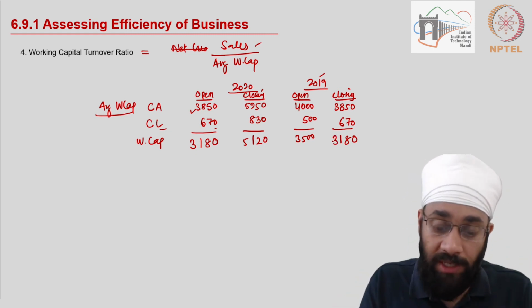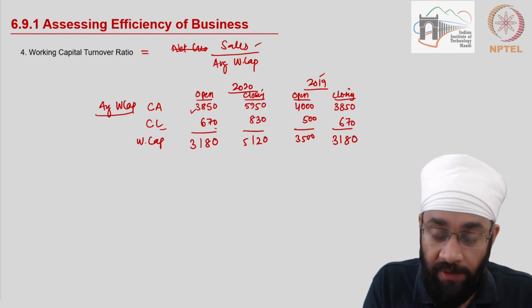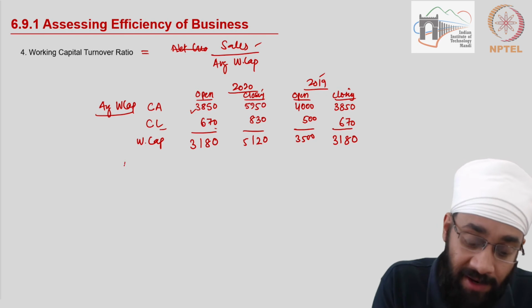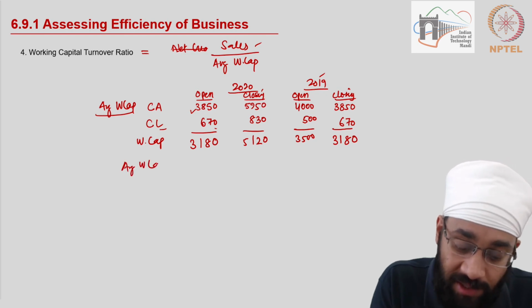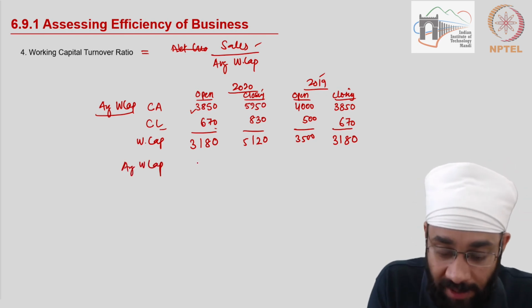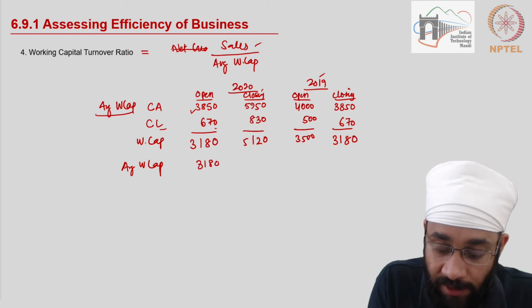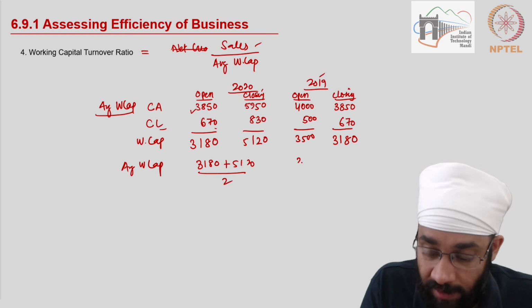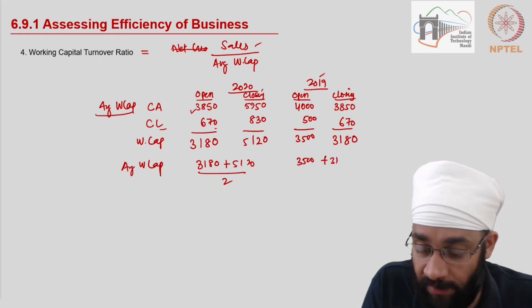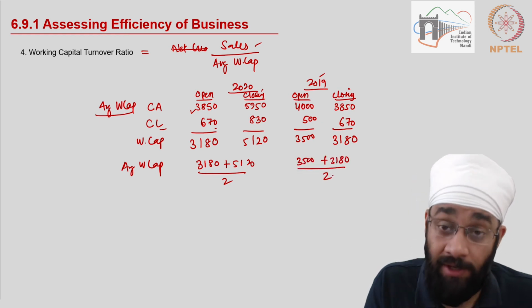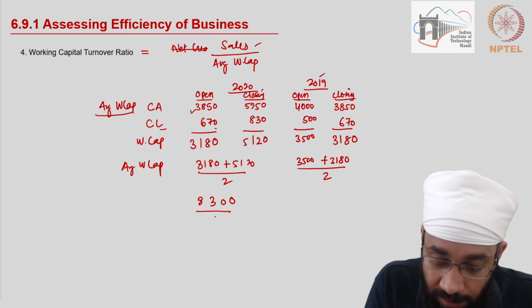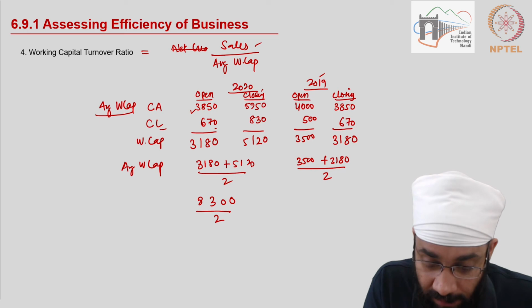This is the working capital that you have for these 2 years, opening working capital and closing working capital. Now you need to figure out the average working capital. Average working capital is 3180 plus 5120 divided by 2, and 3500 plus 3180 divided by 2. These are the calculations that we need to do. So this comes out to be this number. Let me just double check it.